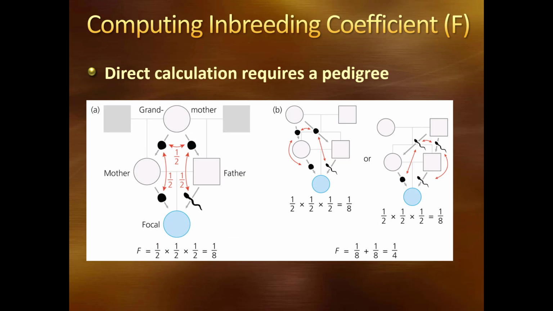This figure is trying to show how you would calculate an inbreeding coefficient, which we can also think of as a degree of relatedness. This figure from the book is a bit confusing. So think about your cousin. Let's look at this focal individual. You receive half your genes from your parent, and then that parent shares half their genes with their parent, right?